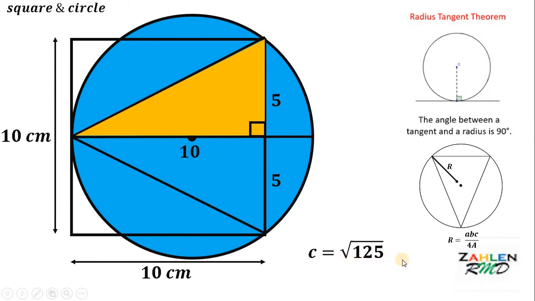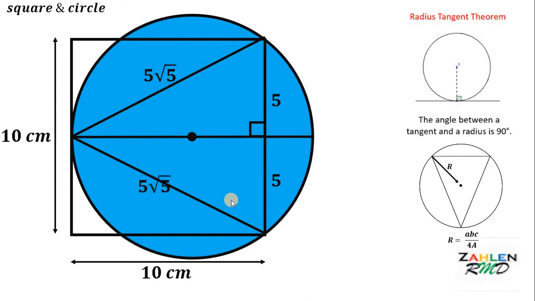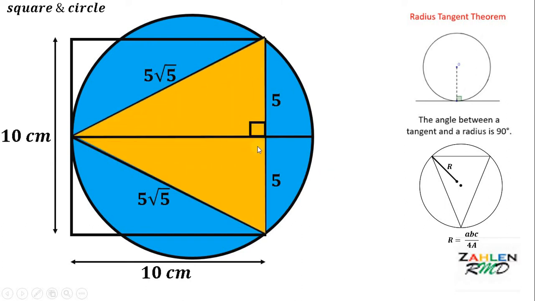Now, square root of 125 is equivalent to 5 multiplied by square root of 5. Therefore, the hypotenuse of this right triangle must be equal to 5 multiplied by square root of 5. Therefore, the length of this segment right here is also 5 times square root of 5. Now, let's focus on the area of this triangle.